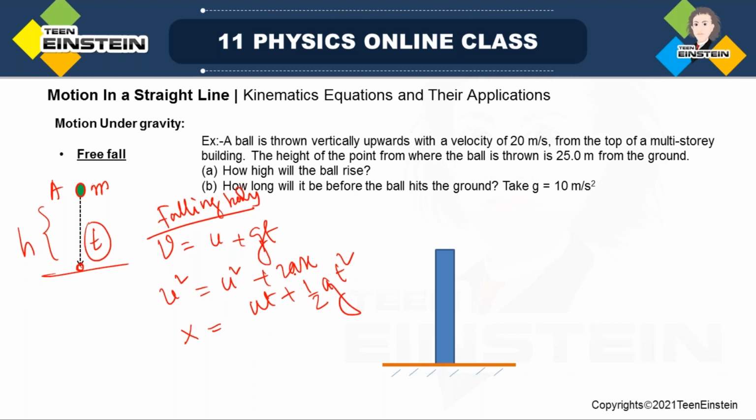So in place of a, we'll be just writing g with a positive sign. If the object is moving in the upward direction, then g is in this direction and your acceleration is in this direction, so the resultant acceleration will be a minus g. That's why the object will be moving in the upward direction.